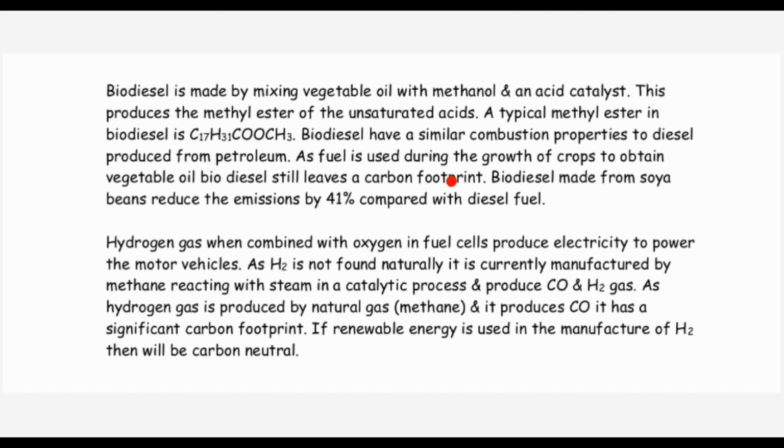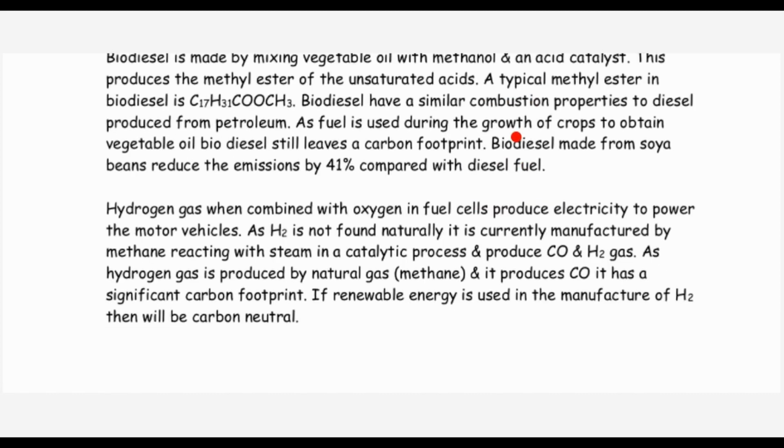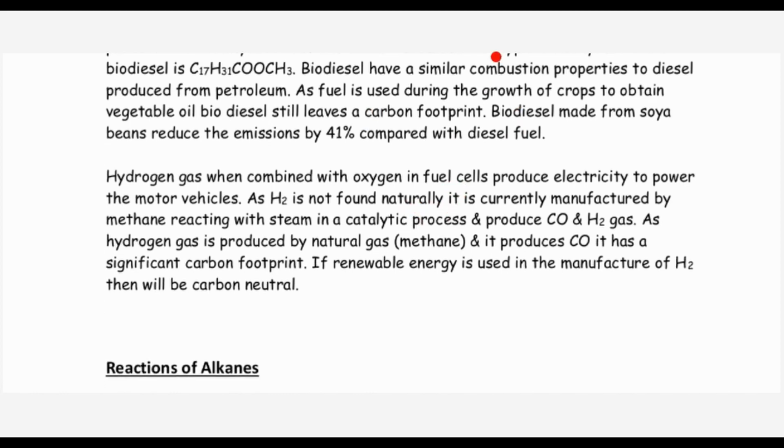As fuel is used during the growth of crops to obtain vegetable oil, biodiesel still leaves a carbon footprint. Biodiesel made from soybeans reduces the emissions by 41% compared to this. This is a discussion of various examples. This is important for your MCQs.